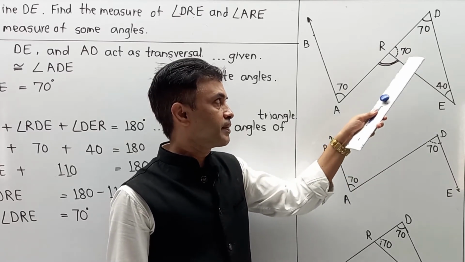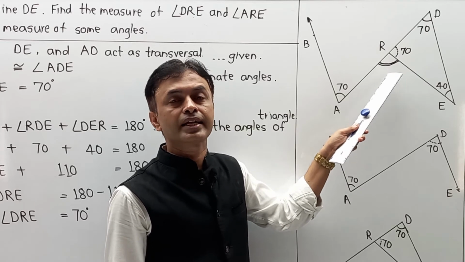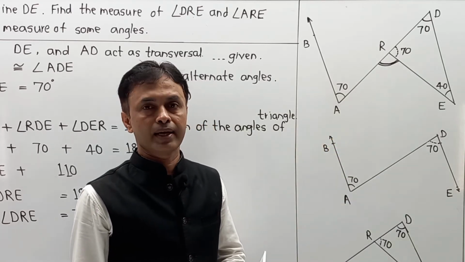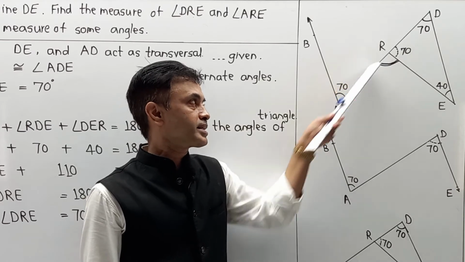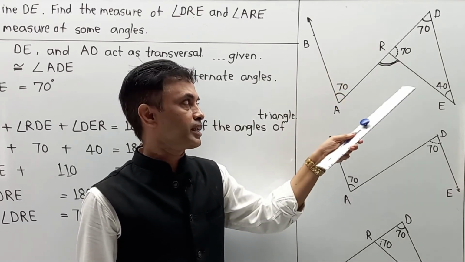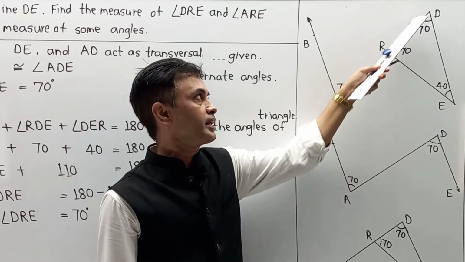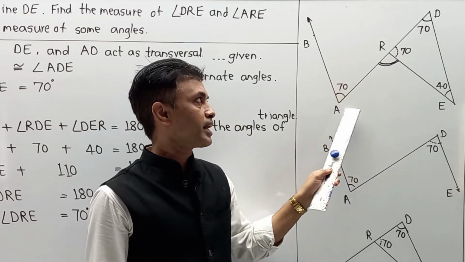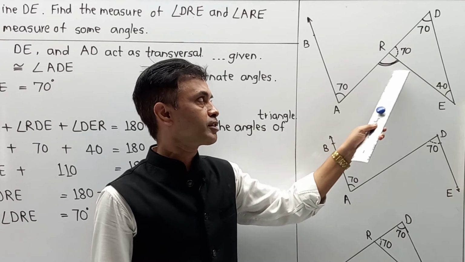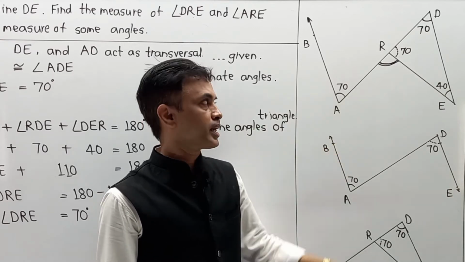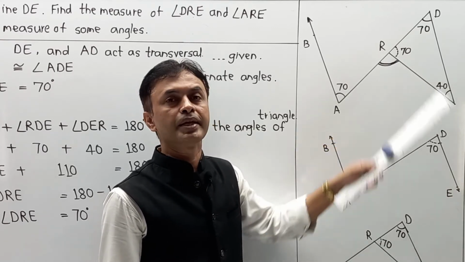Now as this is 70 degrees, we can find its connected linear pair angle, because as these form a straight line, the addition of these two angles is 180 degrees, means angle DRE plus angle ARE is 180 degrees. With the help of that, we can find the third remaining angle.